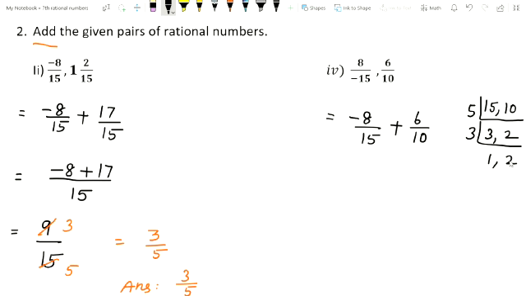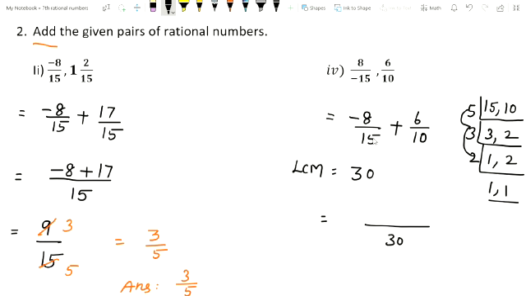Here we can't divide, so write as it is. So divide by 2. 1 comma 1. Now you multiply these numbers. 5 3s are 15, 15 2s are 30. So the LCM equals 30. Okay. Now the common denominator is 30.